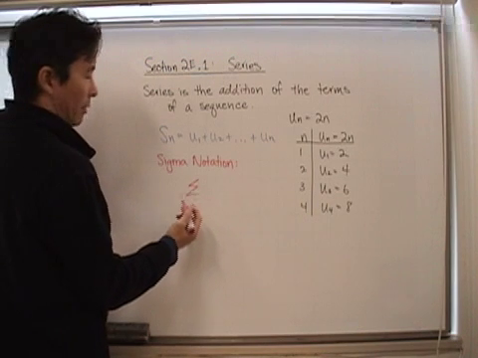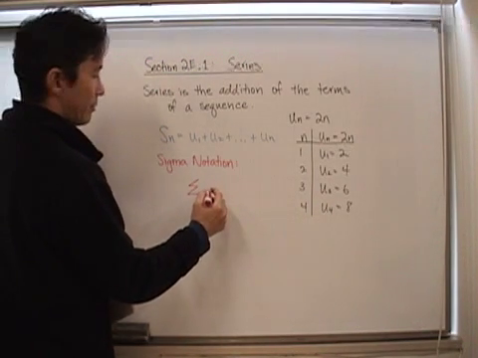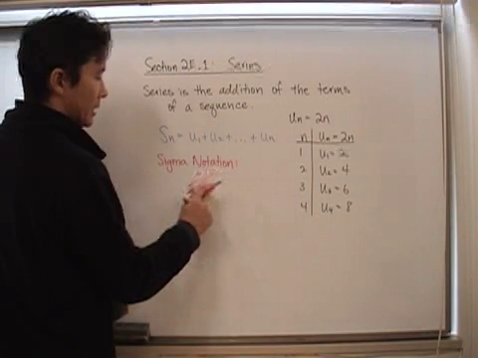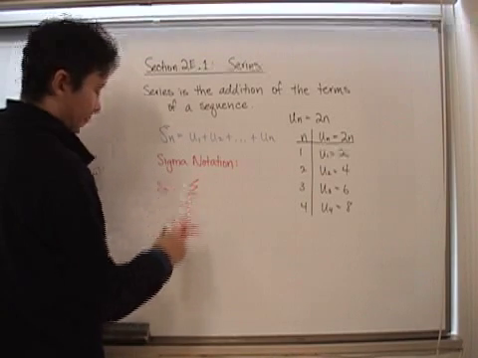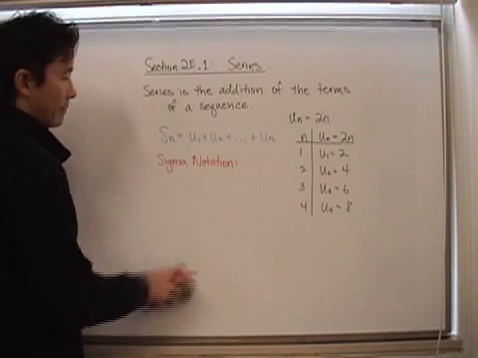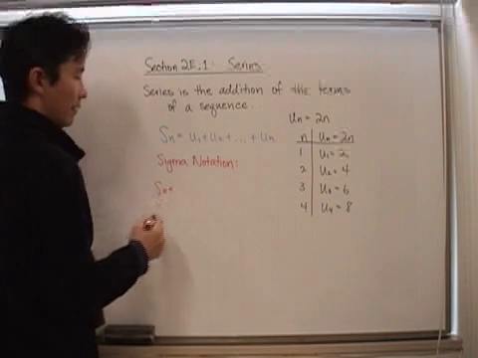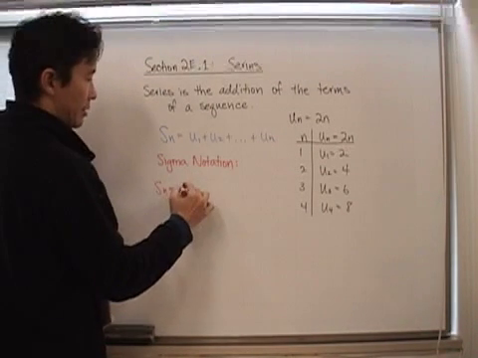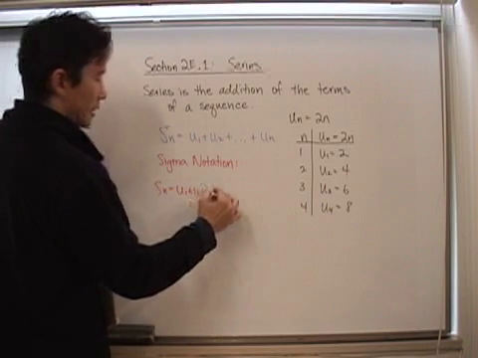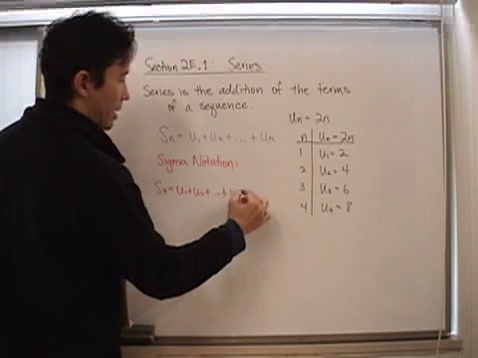Okay, so what we have then is basically the addition, the sum. Let me write this again. We know that if we have the sum of the first n terms, which is going to be u sub 1 plus u sub 2 plus dot dot dot plus u sub n.